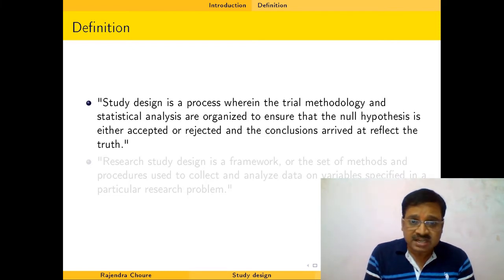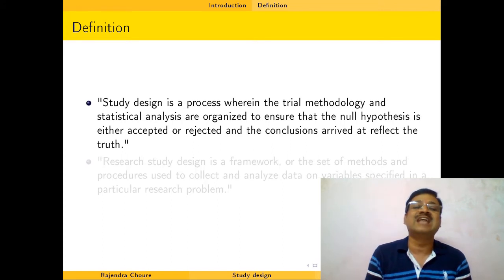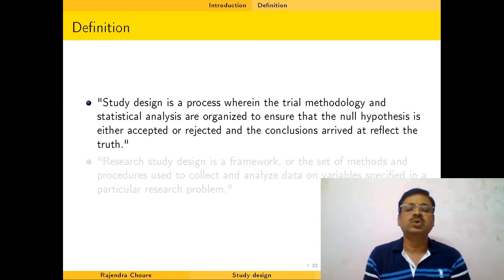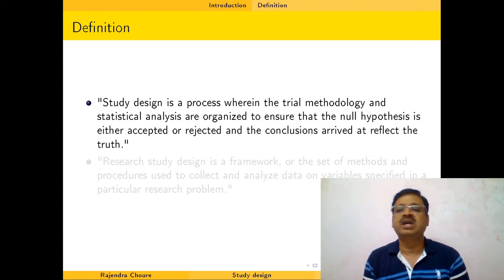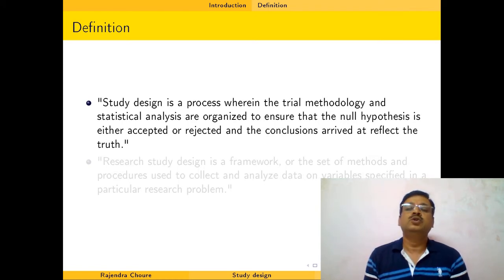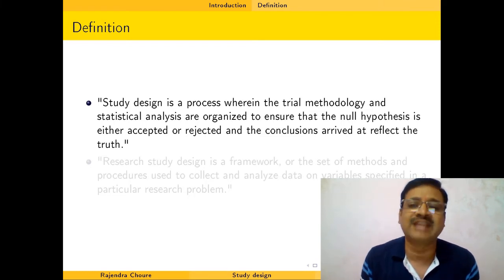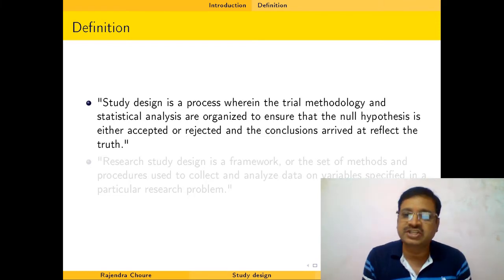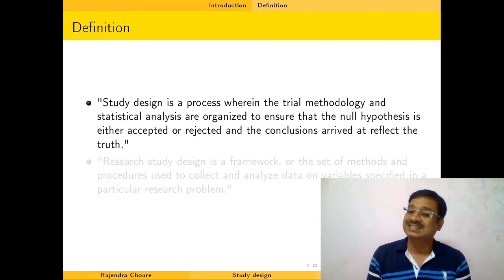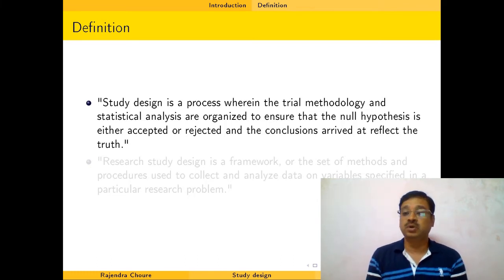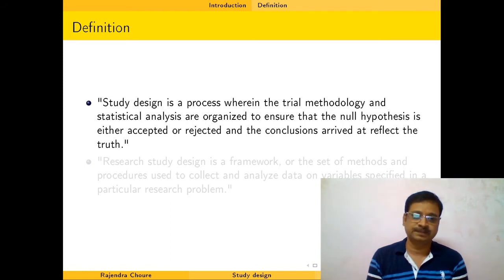Our goal is to first do the literature survey to develop the null hypothesis, and then do the research, do the experiments or observations to accept or reject that null hypothesis. And our study design is for that. It's a systematic organization of methods and statistical analysis to arrive at a conclusion which will reflect the truth.